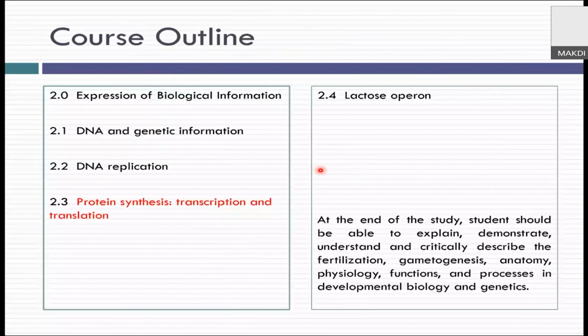Okay. So for the last topic, protein synthesis.